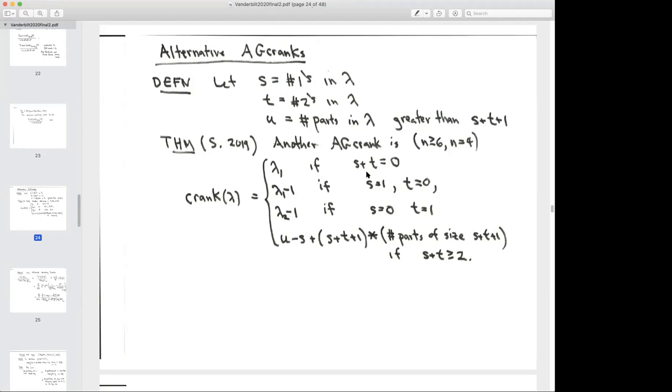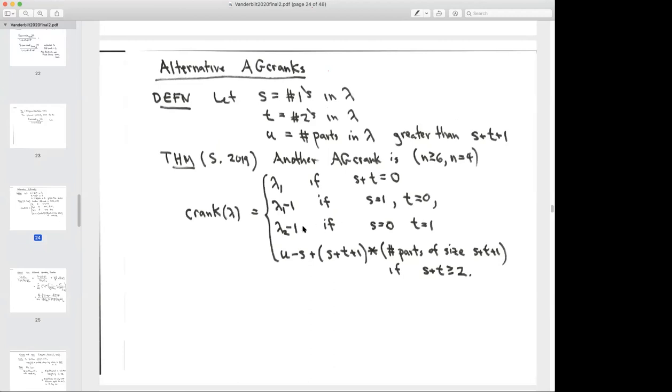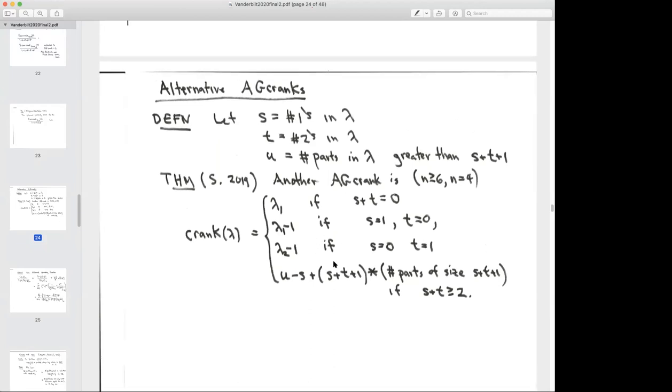Then here's another crank statistic. If there are no 1s and 2s, it's the largest part. If there's a 1 and no 2s, it's the largest part minus 1. If there's a 2 and no 1s, then it's the second largest part minus 1. Otherwise, it's this funny combination of U, S, and T.